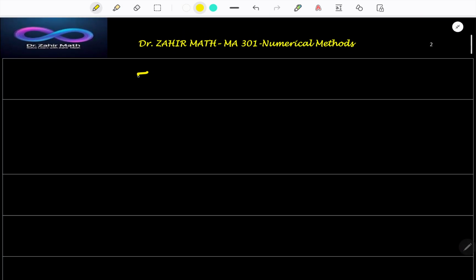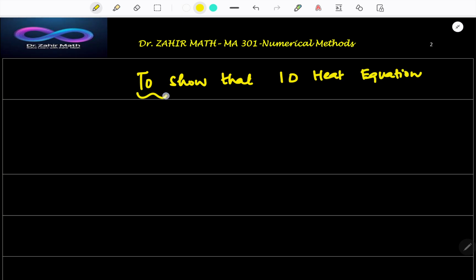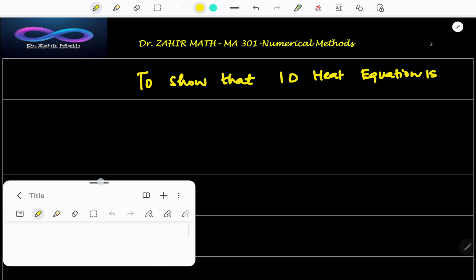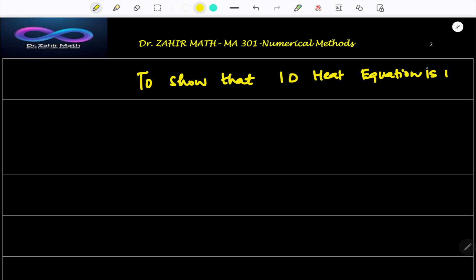To show that the given one-dimensional heat equation is parabolic, you have to find b square minus 4ac.